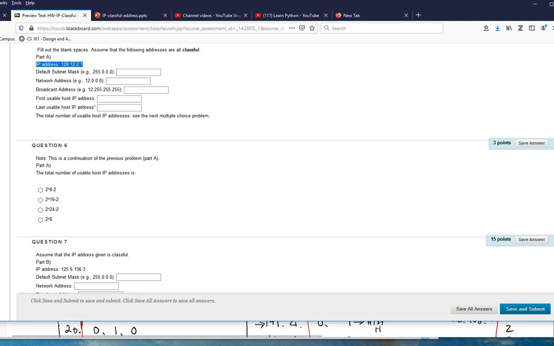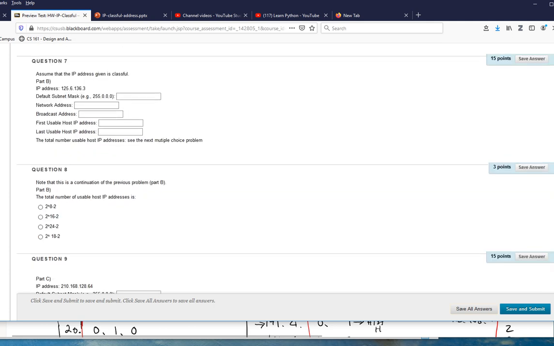Then you have to give me the default subnet mask, the network address, the broadcast address, the first usable host IP address, the last usable host IP address, and the total number of usable host IP addresses. See the next multiple choice question. So this part A and that part A are connected. This is one problem.